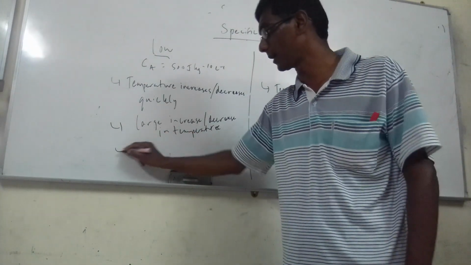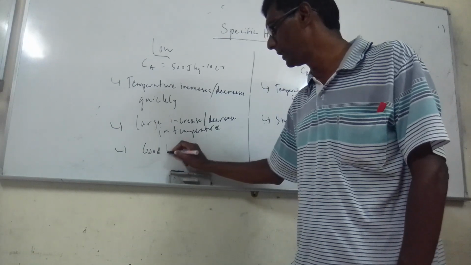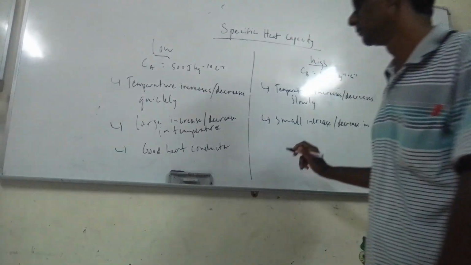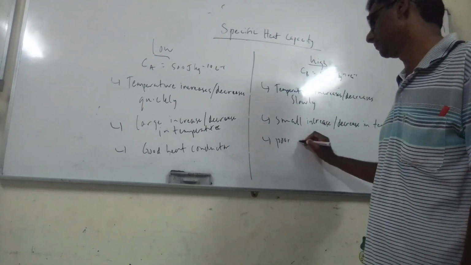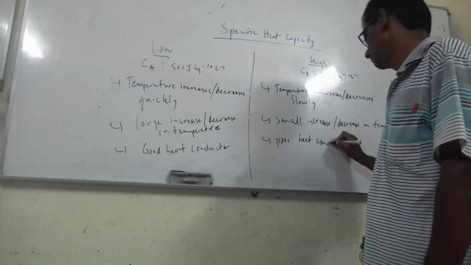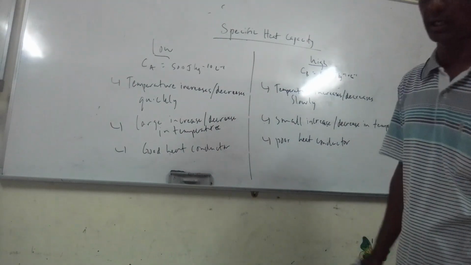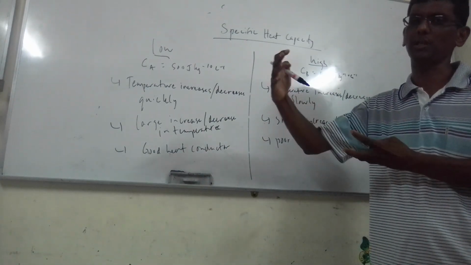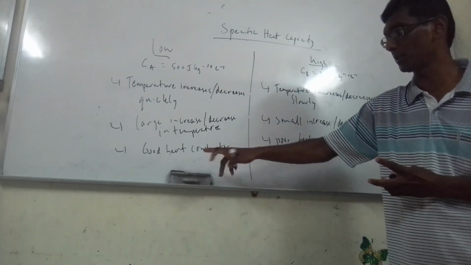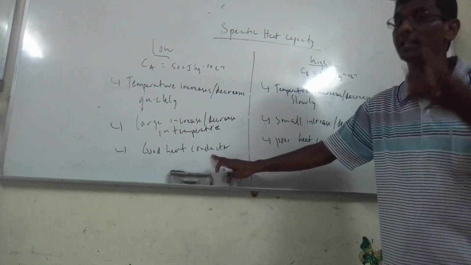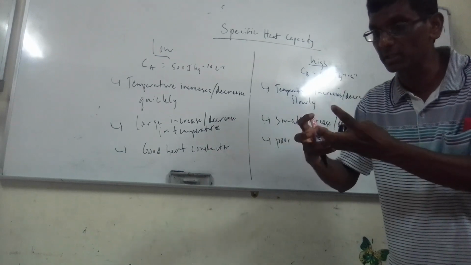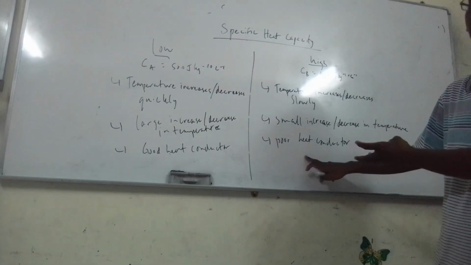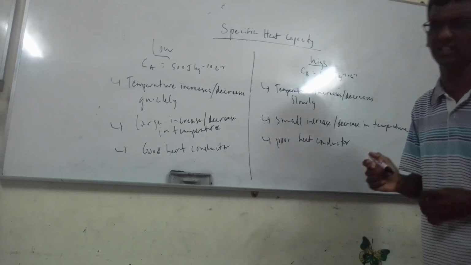This is a good heat conductor, and this one is a poor heat conductor. A good heat conductor can increase temperature very fast; the object heats up very fast. A poor heat conductor heats up slowly.